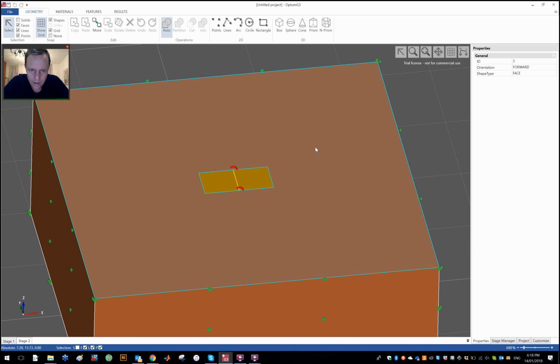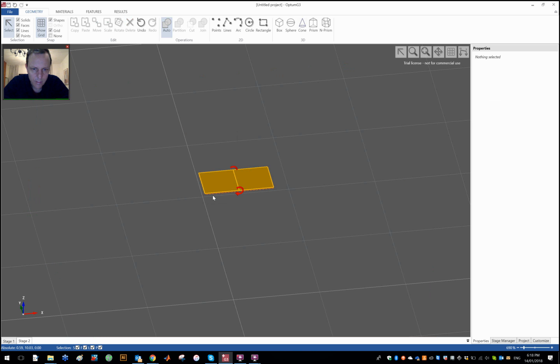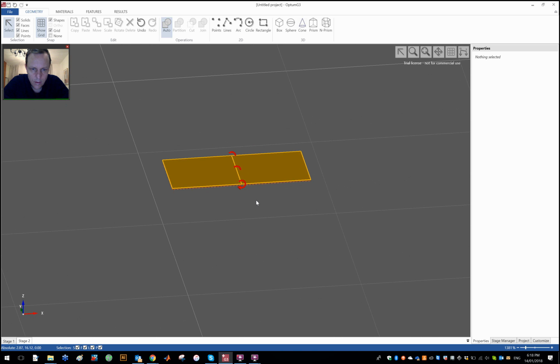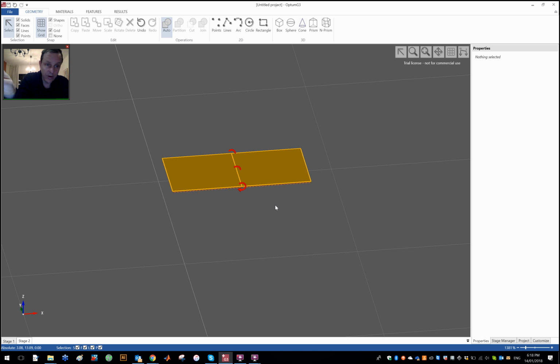So you see these moment arrows here, and it's a bit difficult to see which direction it actually turns in, but if you pick the solid and then make it transparent or hide it, you see the moment is about this axis in this direction, basically corresponding to the right hand rule in this case.